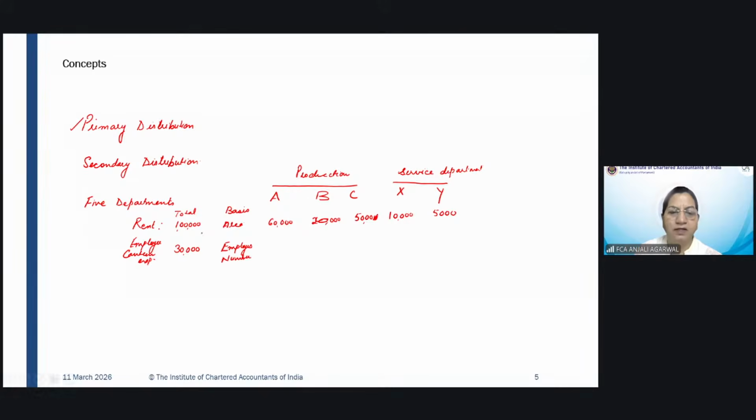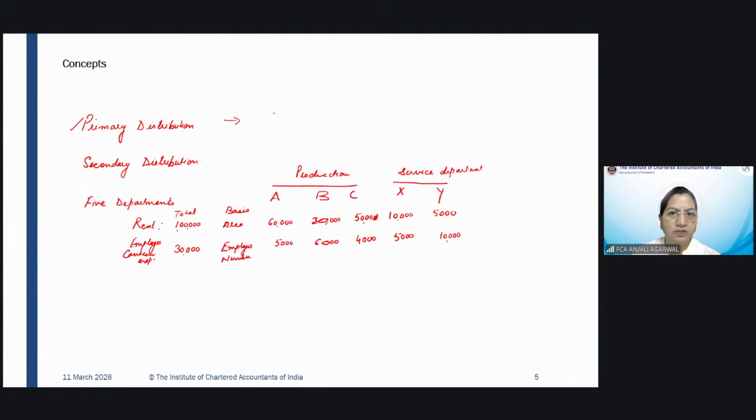So let's say the 30,000 is divided amongst A, B, C, X and Y in the ratio of the number of employees in each department. And let's say this comes out to be 5,000, 6,000, 4,000, 5,000, and 10,000. So this concept is primary distribution.